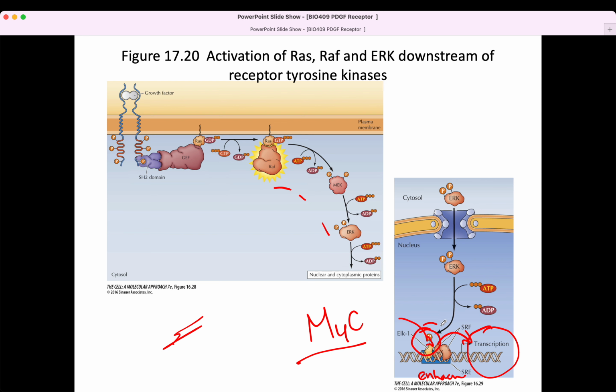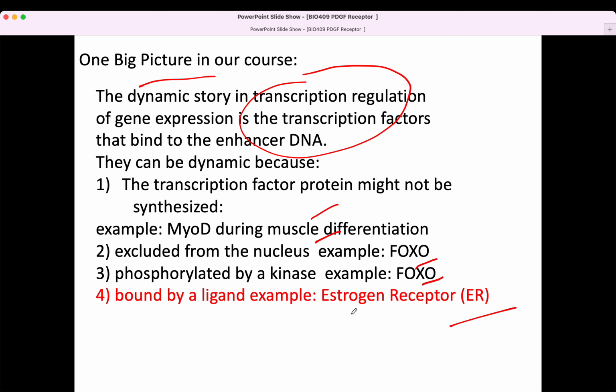Ultimately, a major story is they're going to activate ELK transcription factor by phosphorylation, and ELK will bind to genes like MYC and activate MYC.